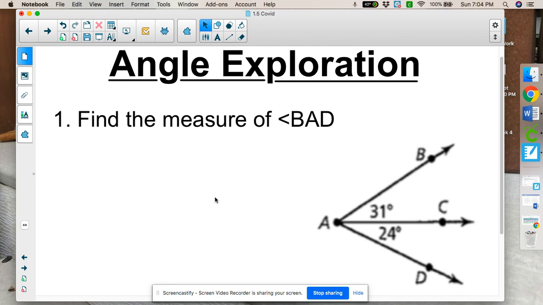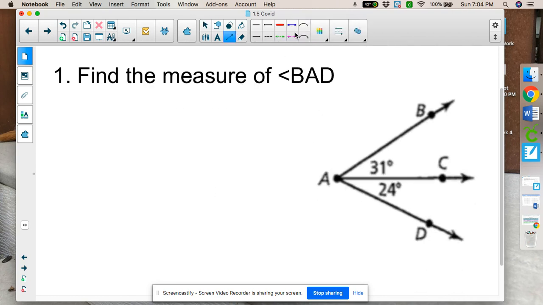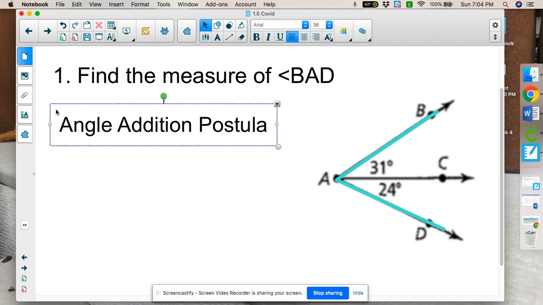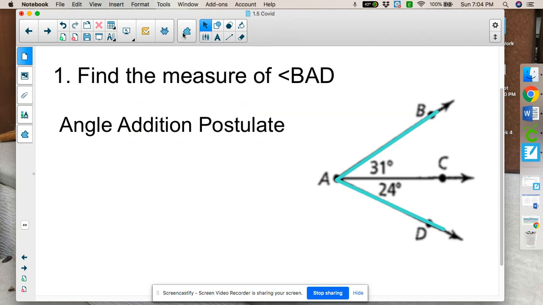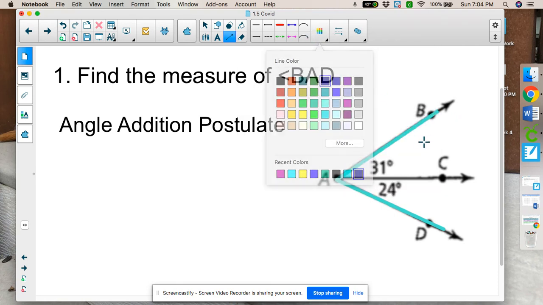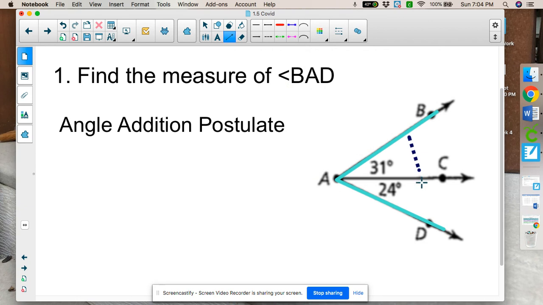So if we're trying to find the measure of angle BAD, which is the entire thing, this works just like the segment addition postulate. This is actually called the angle addition postulate, because I'm taking a smaller piece, just from here to here, and I'm adding it with this little section here to get the bigger angle. So I could write it out just like we did the segment addition postulate.